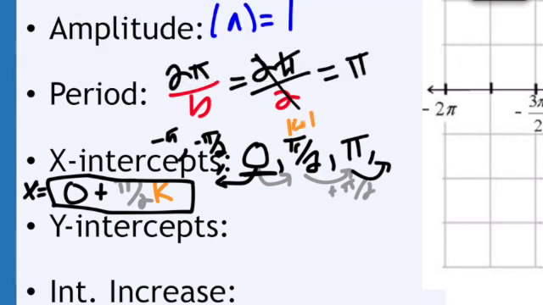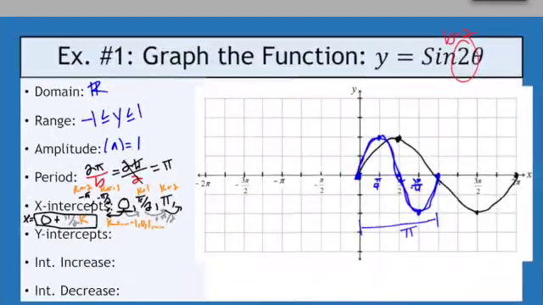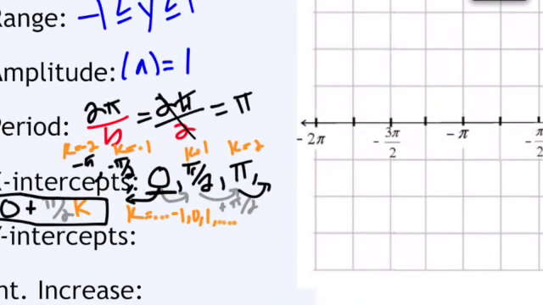This is k equals 1, this is k equals 2, this is k equals negative 1, this is k equals negative 2, right? So your k value is really just made up of all the integers, right? From negative infinity all the way to positive infinity, but just whole numbers. Okay, y-intercept, this one is just 0, 0.